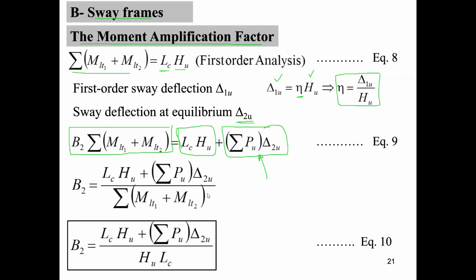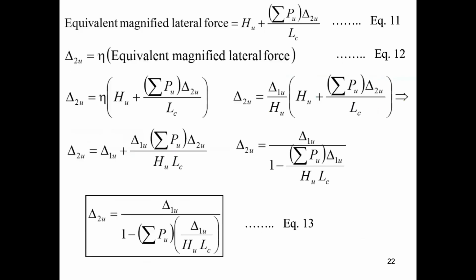Now if we substitute equation 8 into this equation, we will get equation 10. Notice that B2 in equation 10 is a function of delta 2u, and delta 2u is unknown. The equivalent magnified lateral force equals Hu plus sigma Pu times delta 2u over Lc.